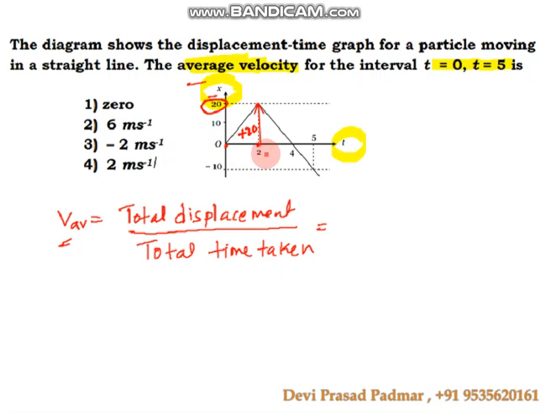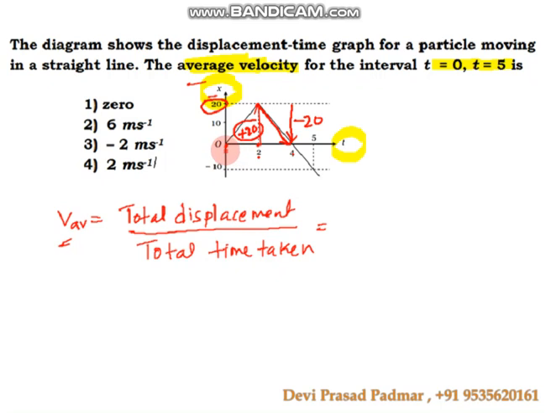Then in the next 2 seconds, from 2 to 4, that particle again moves along this direction. The displacement within 2 to 4 seconds is nothing but this one. In the first 2 seconds plus 20 is the displacement, and in the next 2 seconds the distance is again 20, but in the opposite direction, so displacement will be considered as minus 20.